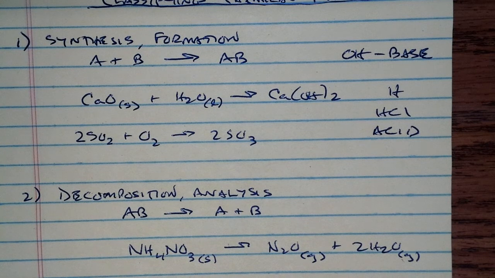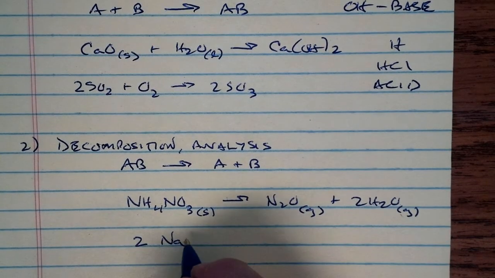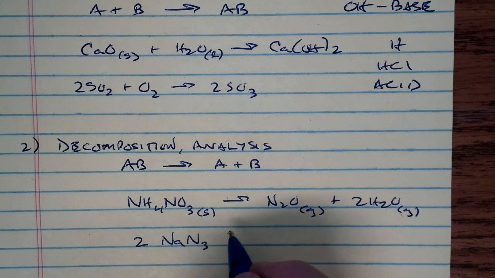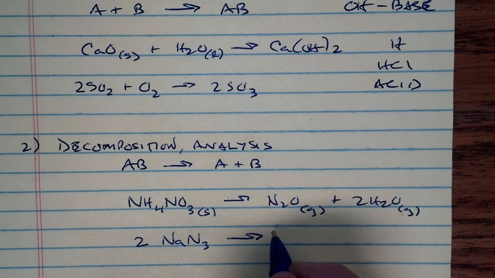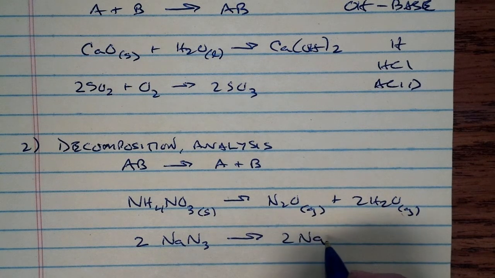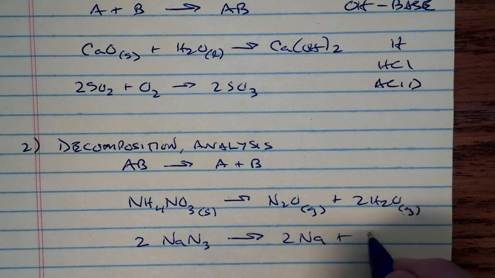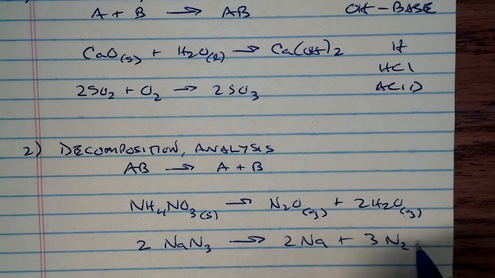Okay, and another example could be, let's say, 2NaN3. Okay, and that's going to break down, because you see the arrow there, to 2 sodiums plus 3 N2s. What is NaN3?